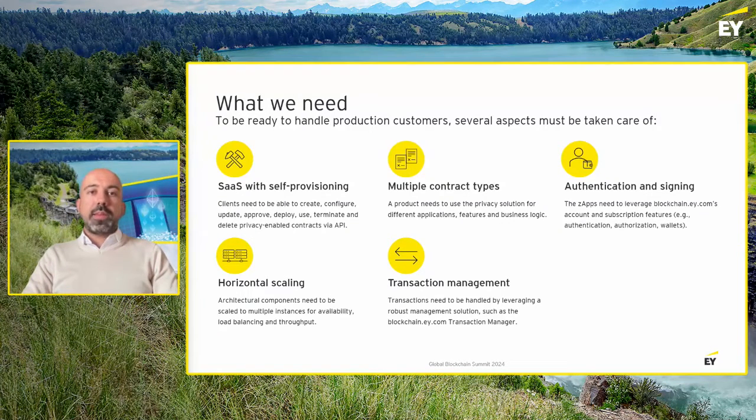Then, of course, we need authentication and signing. We want, first of all, to restrict the access to the platform to subscribers trivially. And now we also need to know who's allowed to do that, so whose data belongs to, and we want to use the right wallets for the transactions and all of that.